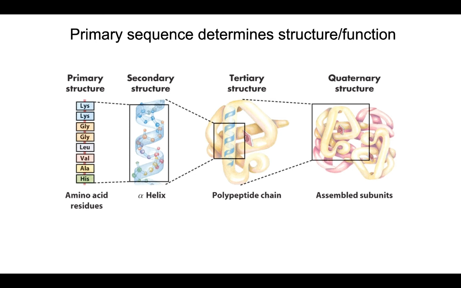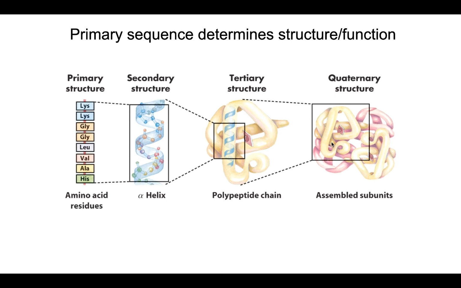Okay, so now we're going to get back to something we discussed in that first lecture, and that is this. The final structure of a protein determines its function. If it doesn't have the right structure, it's not going to have the right function.